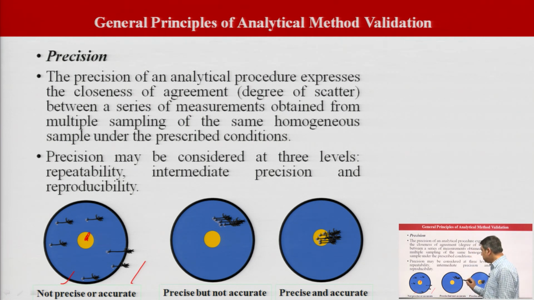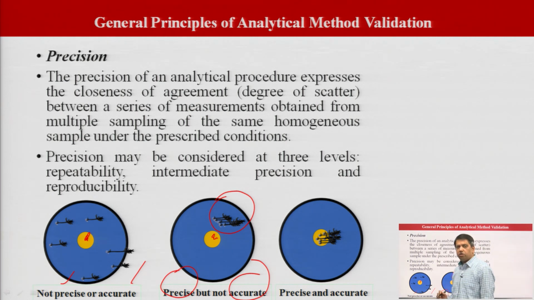But in this case, the arrows almost hit at the same place. That means there is very little or negligible scatteredness. So, overall this is precise, but it is not accurate, because no arrow actually hit the target.